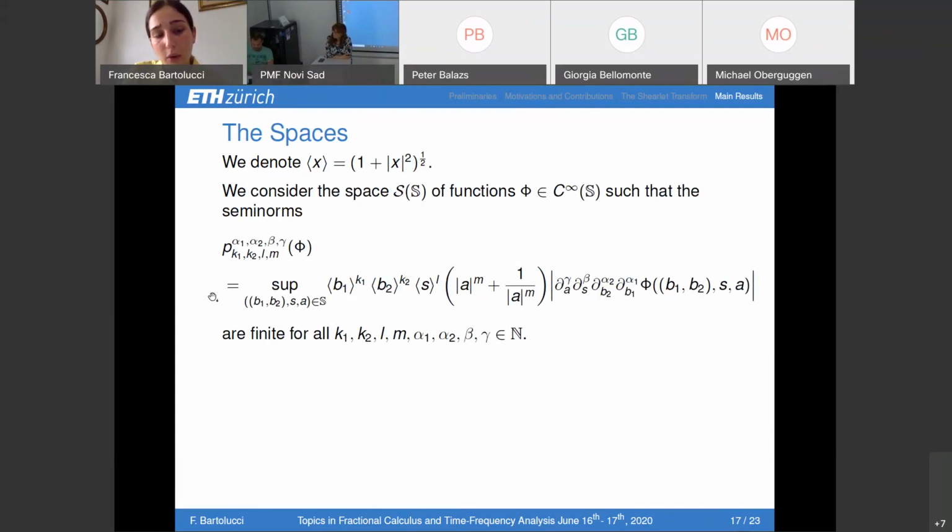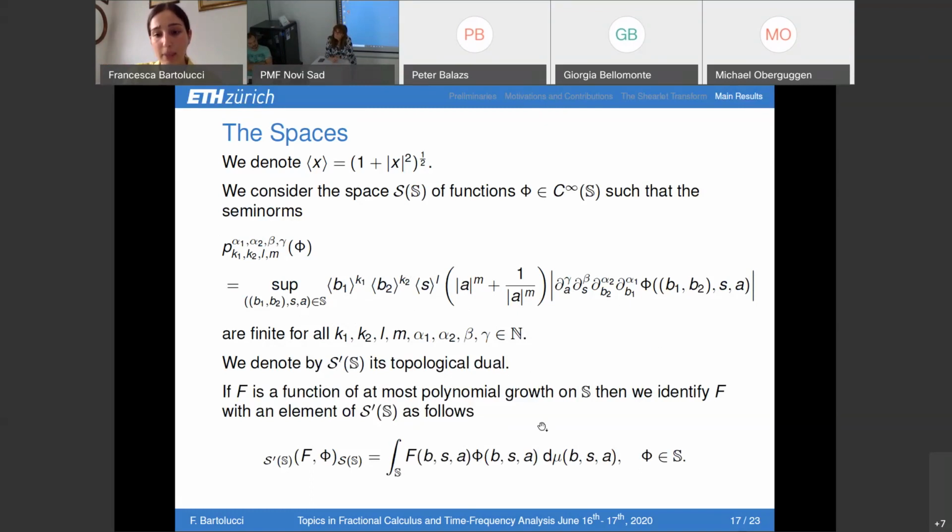The role of these semi-norms is to control the decaying properties of these functions with all their derivatives at infinity with respect to the parameters b and s, and the decaying at infinity and also in zero with respect to the scale parameter. And we denote by S prime its topological dual.